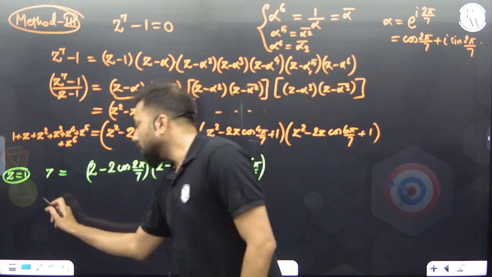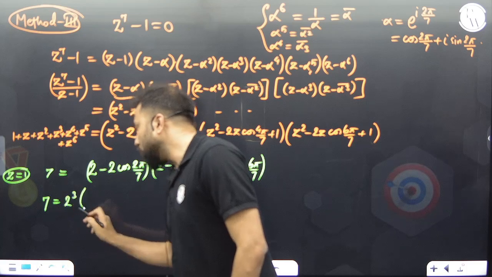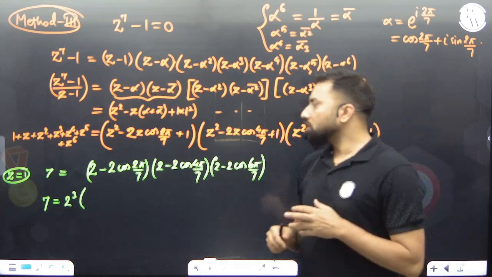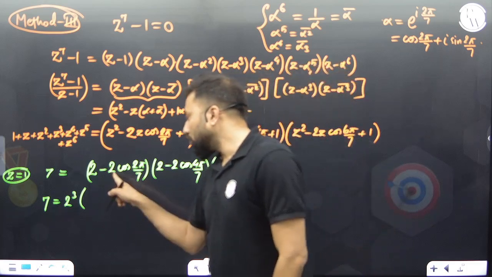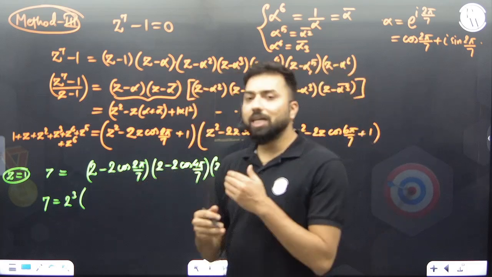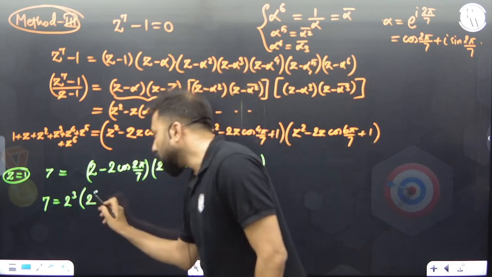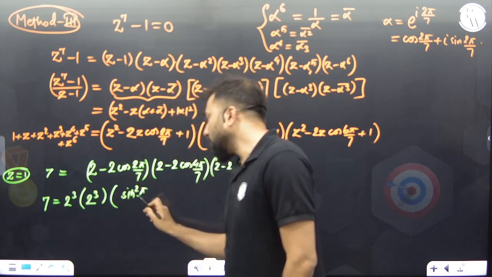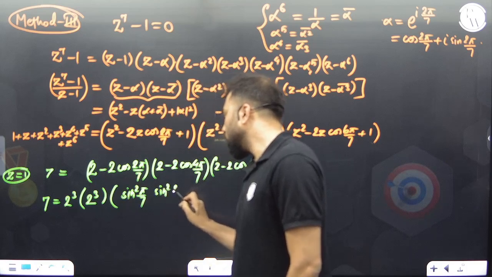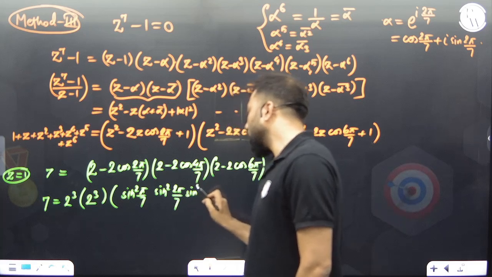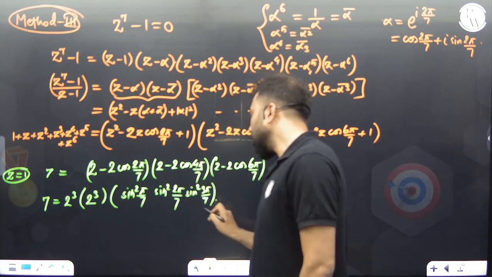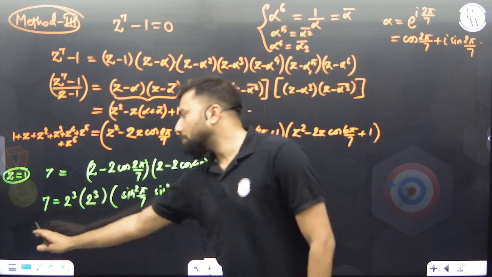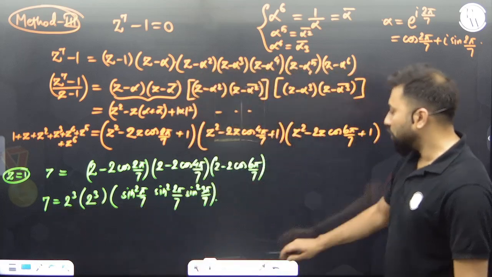So I'm writing 7 is equal to 2 raised to the power 3 into 1 minus cos theta terms. Since 1 minus cos 2a is 2 sine square a, I take 2 from each again, getting 2 raised to the power 3 again. This becomes sine square of pi by 7 into sine square of 2 pi by 7 into sine square of 3 pi by 7. So the product of these sine square terms will become 7 upon 2 raised to the power 6.